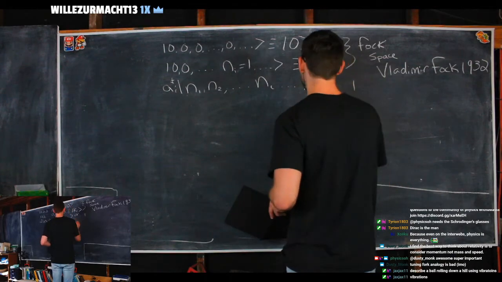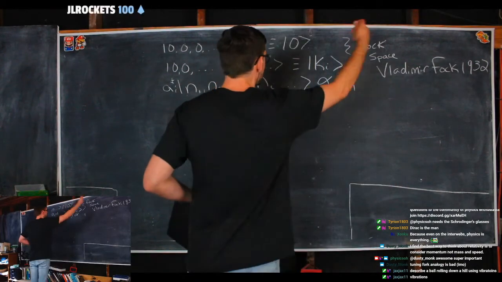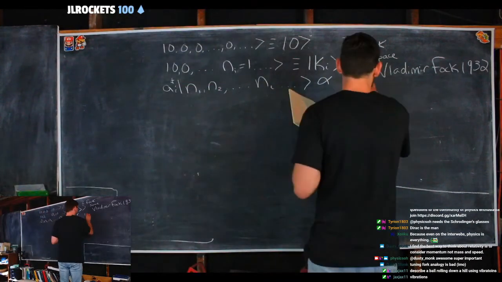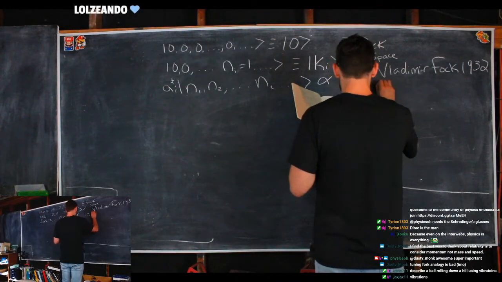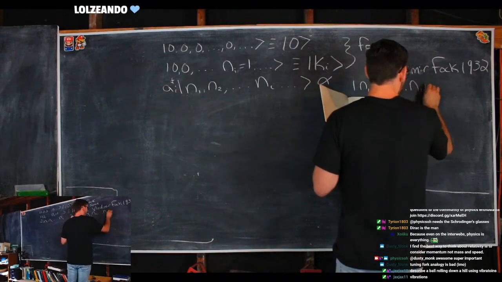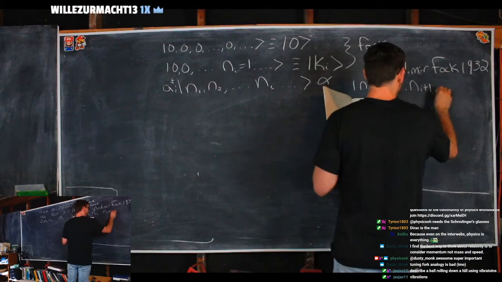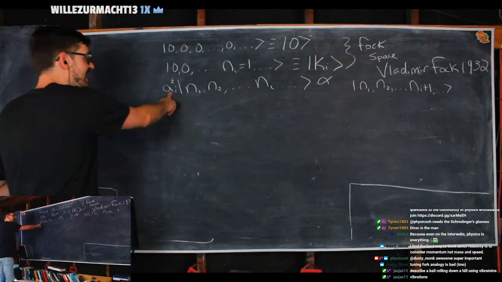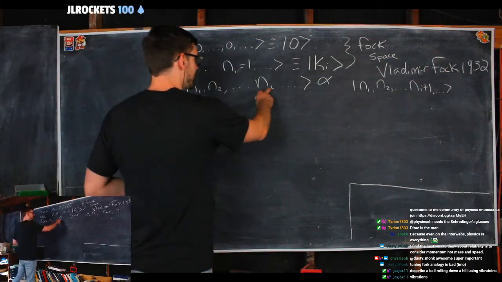But nevertheless, proportional just means it's equal to a constant times something, right? And that something is literally all of the same particles in their associated states, dot, dot, dot, with n_i plus 1 now, because what we did was this creation operator created a particle in the ith state.